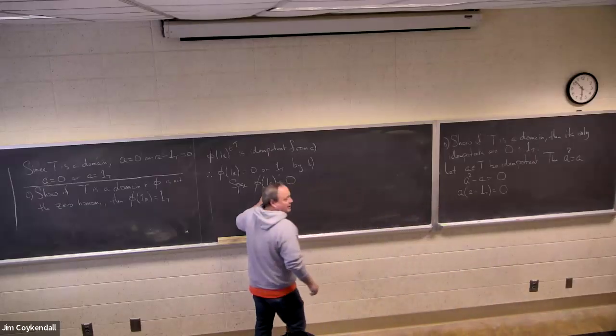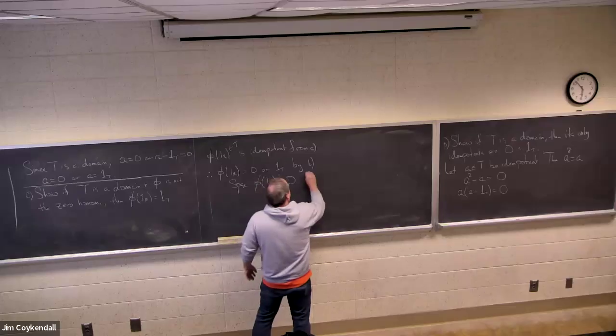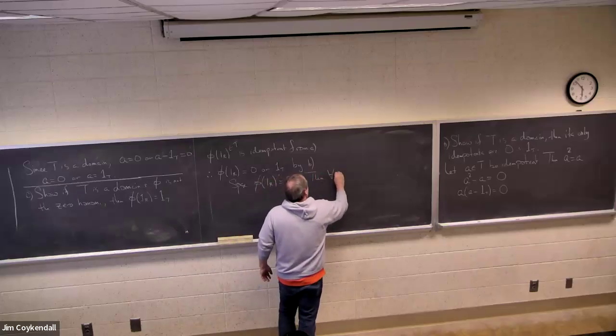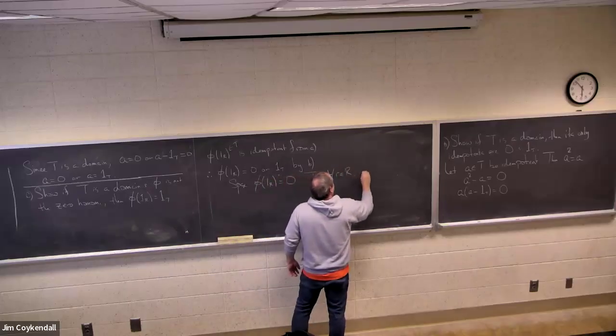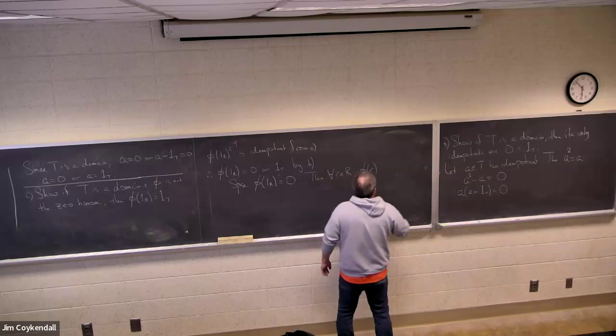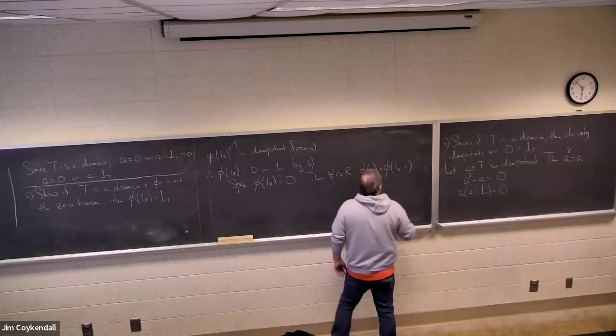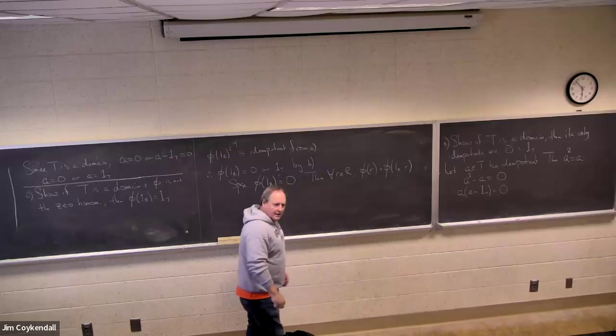Let's suppose that phi of the identity of R is 0. I claim that this means phi is 0. For all r in R, phi of r is, this is a real cheap trick, phi of 1_R times r. I think we have to agree with that.